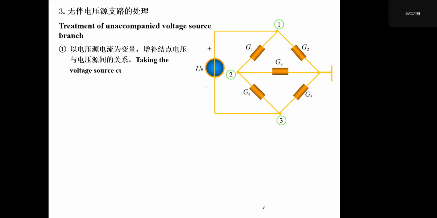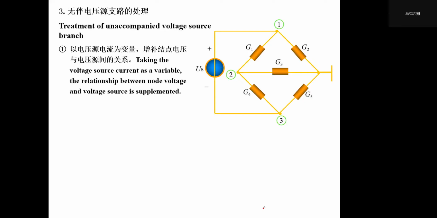We have to get a supplementary equation by using the current of this voltage source. And this time we still have to write the node voltage equations.